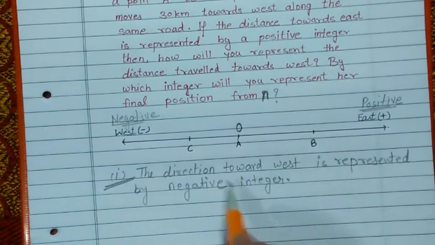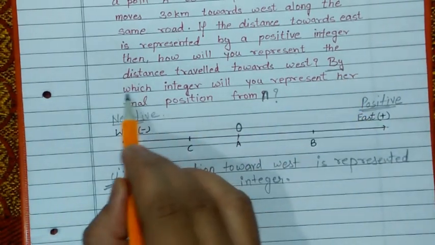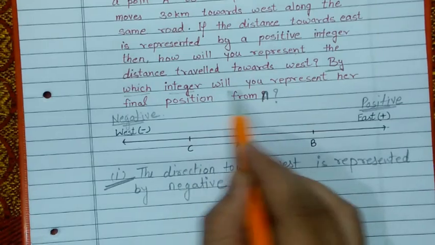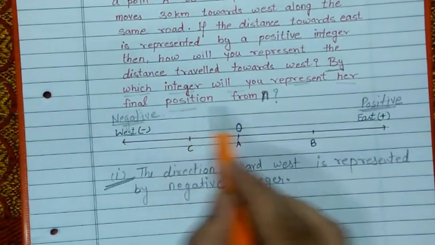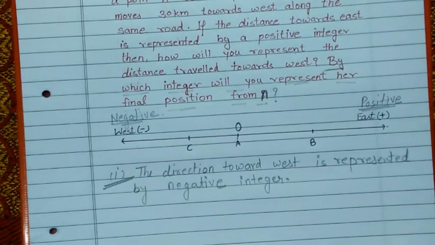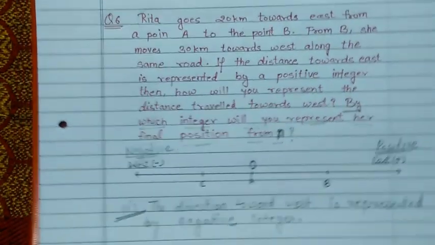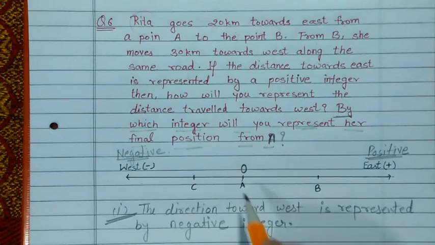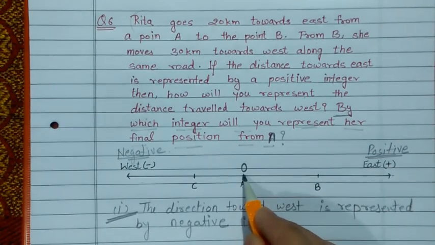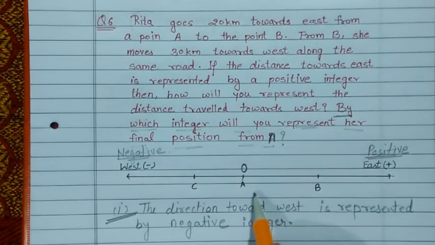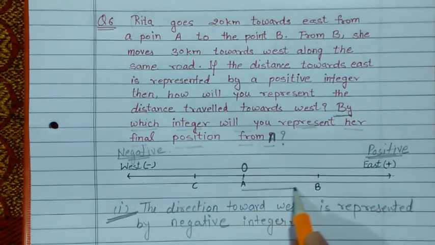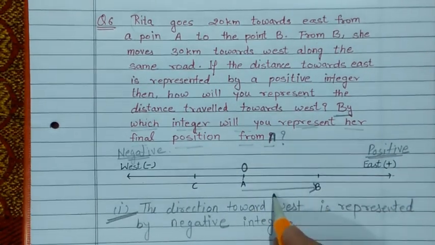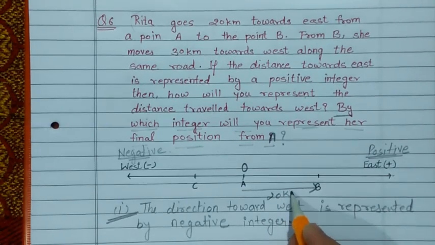Now the second question is: by which integer will you represent her final position from A? Let's try to understand what she is doing exactly. She was at 0 and she traveled in the positive direction, 20 kilometers towards east.